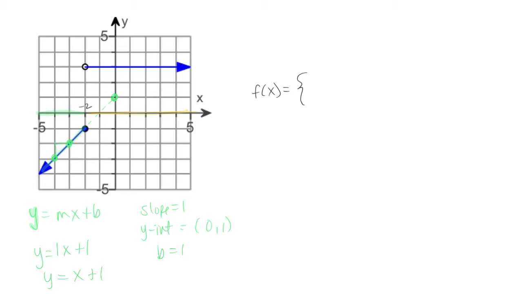Okay. But it's a little bit more complicated than that because we just have that section of graph, x plus 1, when x is less than or equal to -2. Okay, now if x is greater than -2, then now we have this horizontal line. Okay, and that is at, let's see, y is 1, 2, 3.